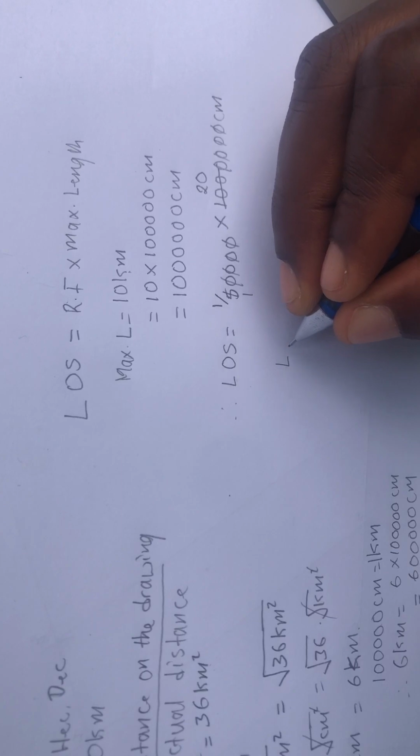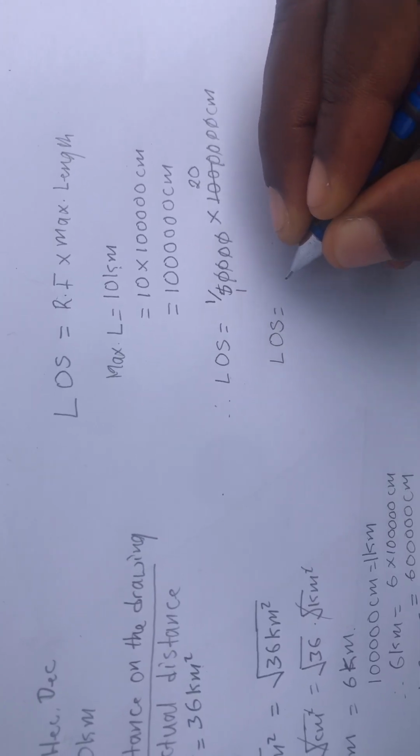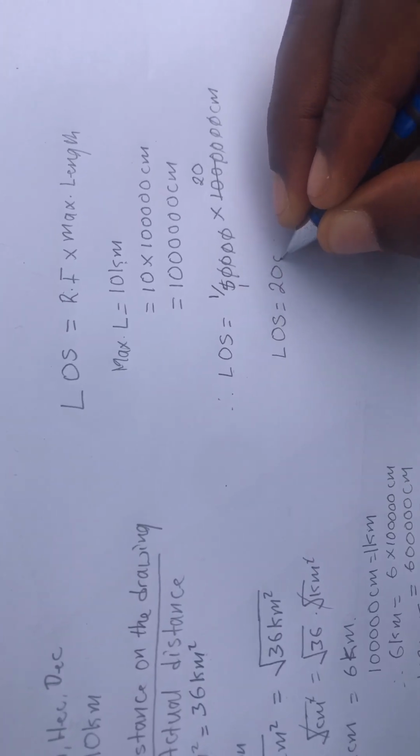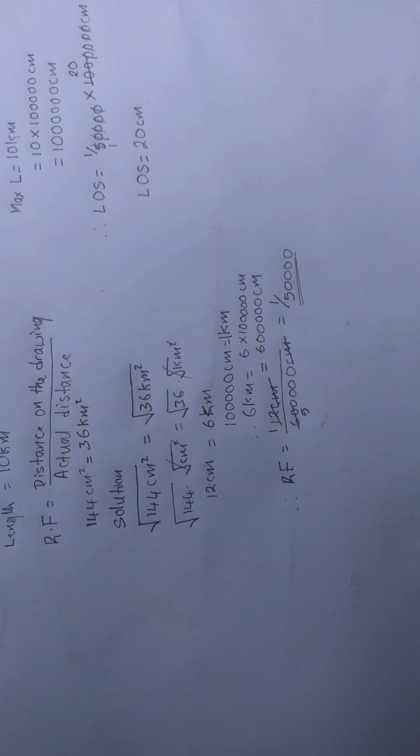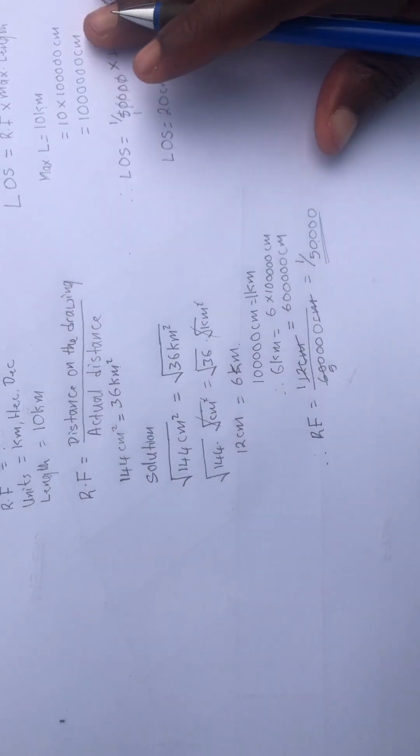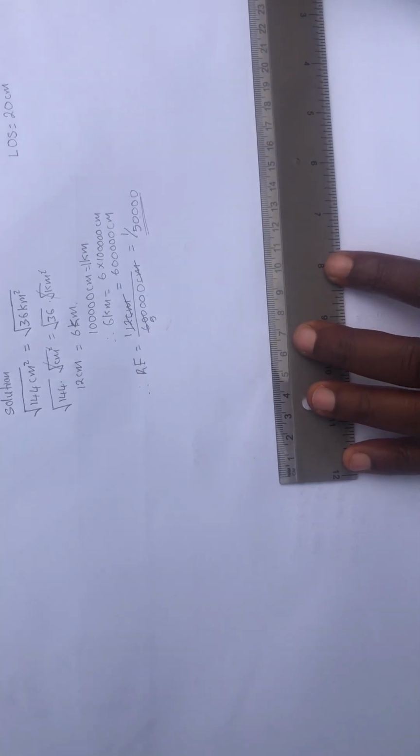So our LOS is 20 cm. So once we've gotten our 20 cm, you now come back to normal drawing of your scale. It's going to give us a length of 20 centimeter.